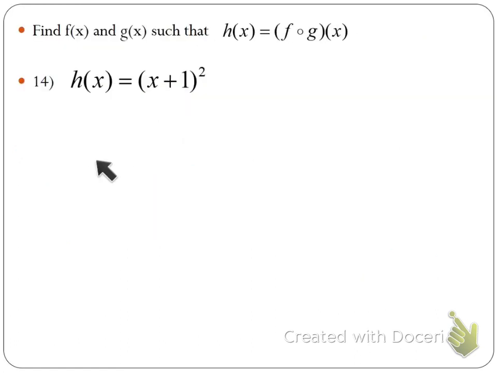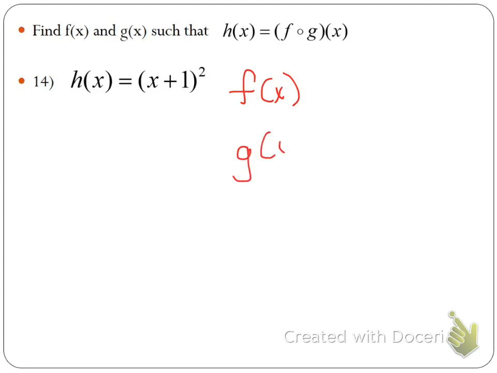All I'm telling you is h of x is this. And h of x is f of g of x. What is f? What is g? What would f of x have been equal to?